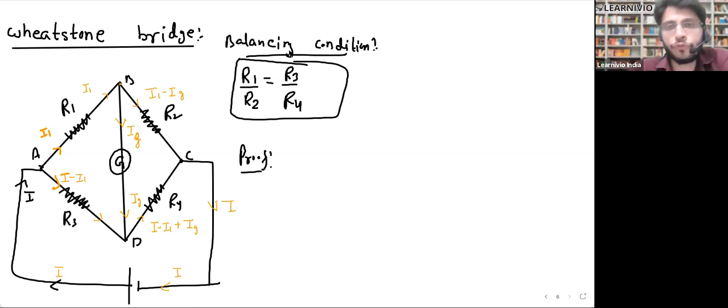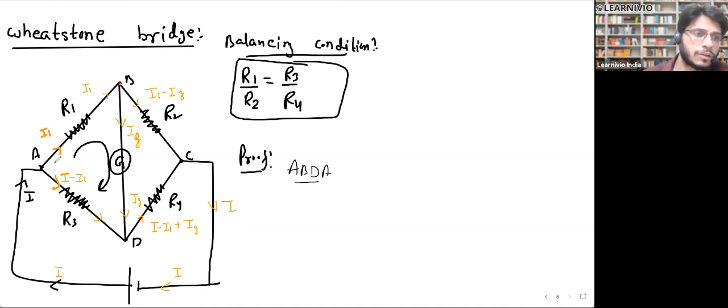Now, to prove this balancing condition, we can start from this loop ABDA. Let's write the equation of this loop. Fatma, start telling the equation of this loop, starting from A. How much is the voltage drop across R1?